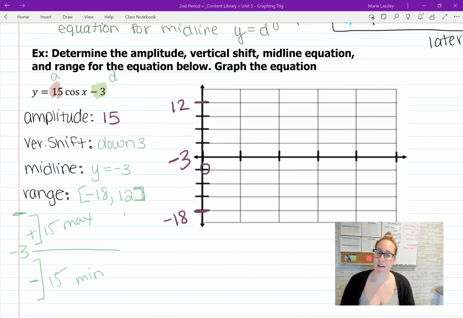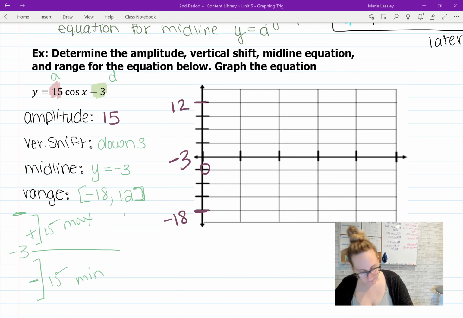Since this one doesn't have that, we can choose whichever we want. I'm going to do radians because that's the one that you guys generally like the least, so we have to get used to it. So we have 0, pi over 2, pi, 3 pi over 2, and 2 pi.